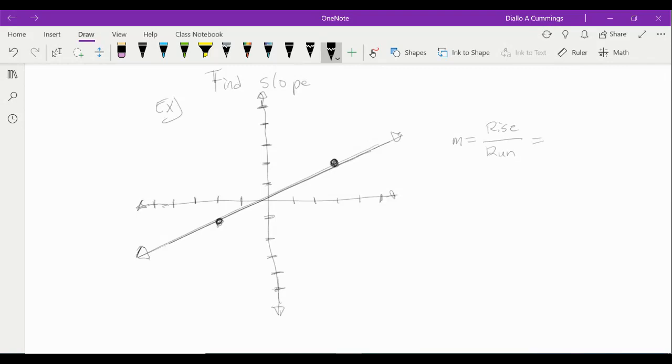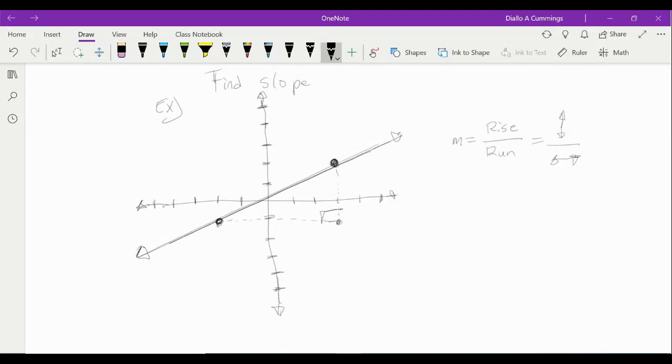So now the rise can either go up or down, and the run goes to the left or to the right. So between these 2 points, I'm going to draw an imaginary right triangle. Okay, and that gives me my imaginary right triangle.